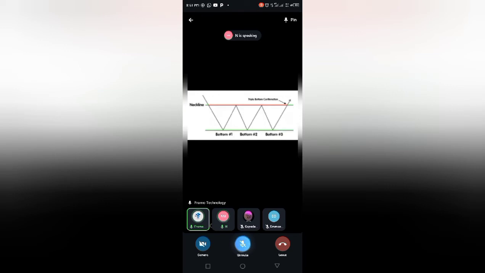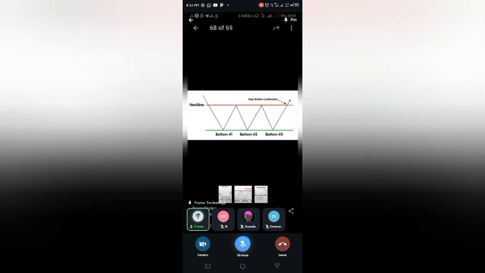Once you take first profits, you bring back your stop loss at your entry. So this is exactly the same as the double bottom, and it is a bullish pattern.